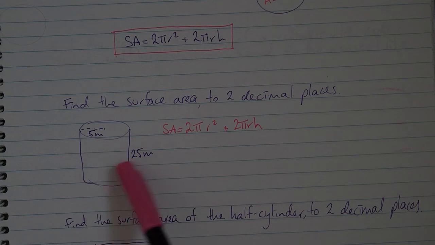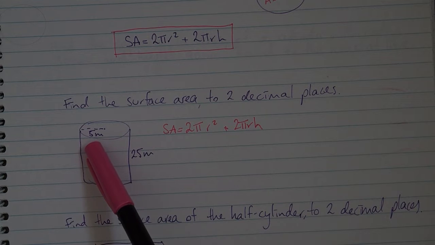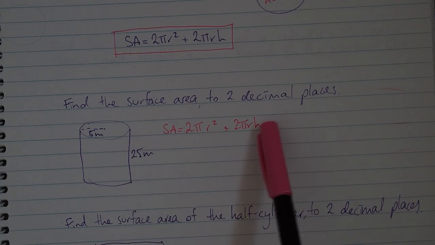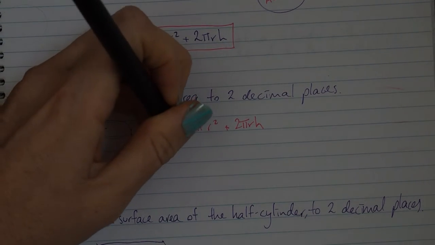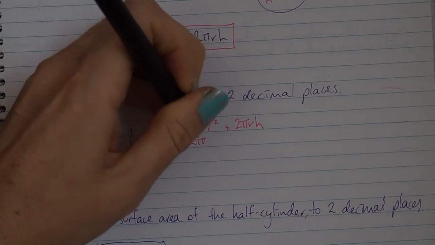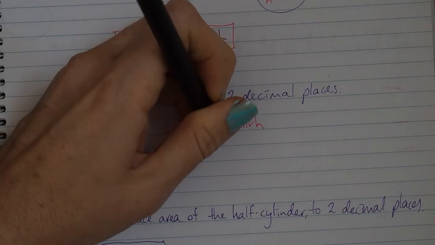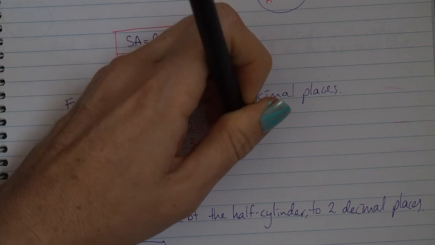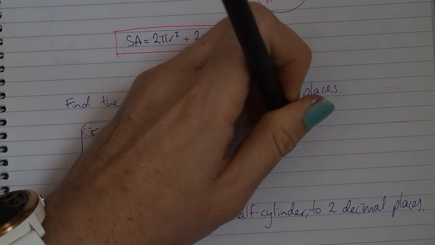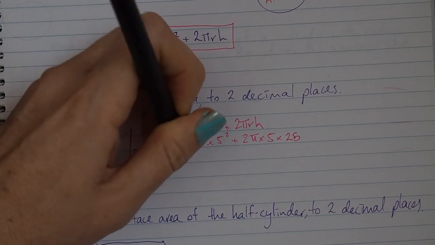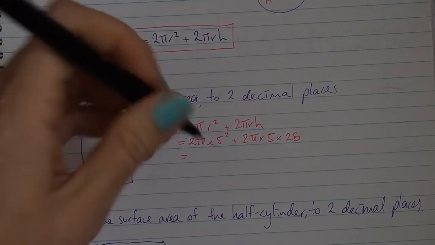So we've got a radius of 5 and a prism height of 25. So our surface area is equal to 2 pi times 5 squared plus 2 pi times 5 times 25 in this case.